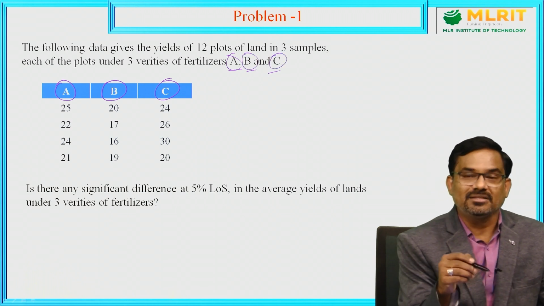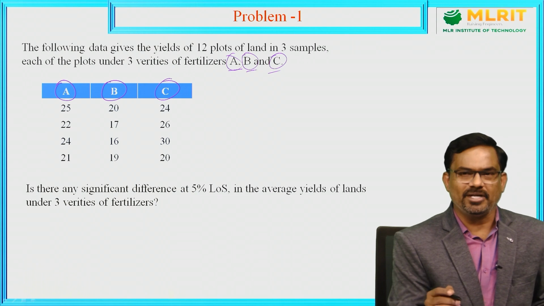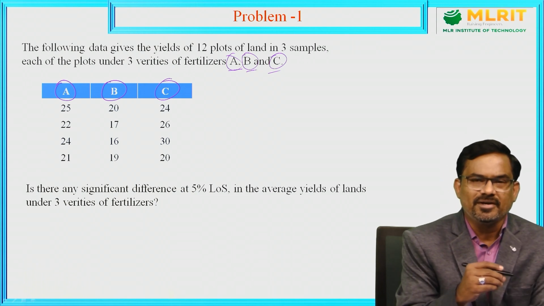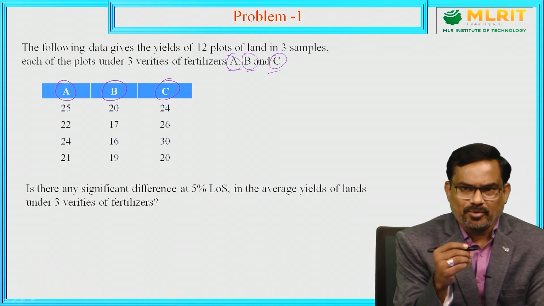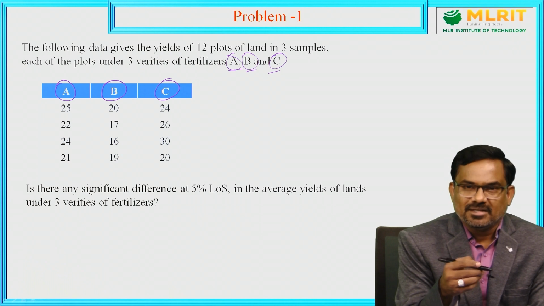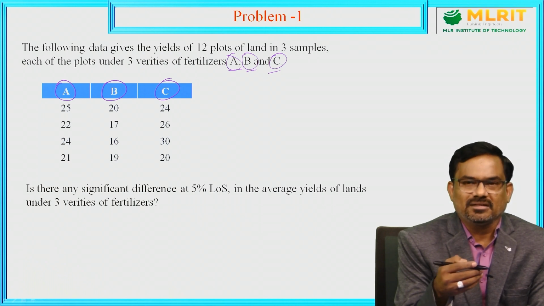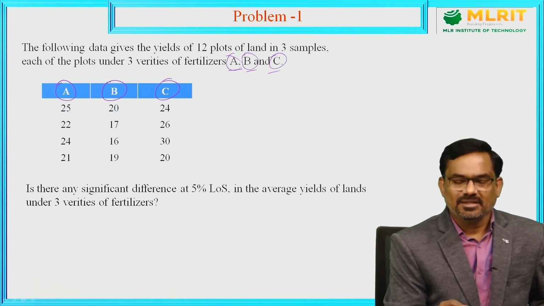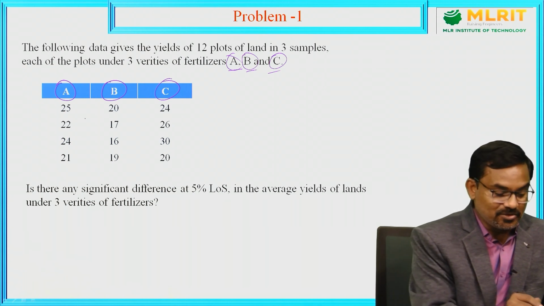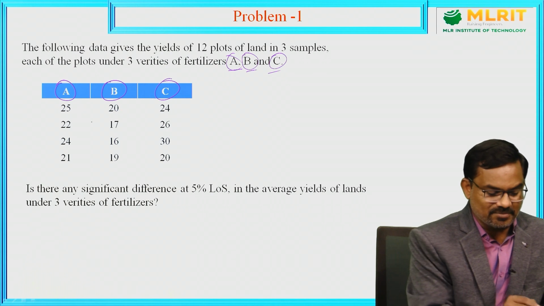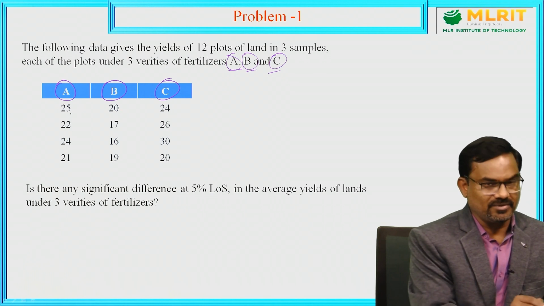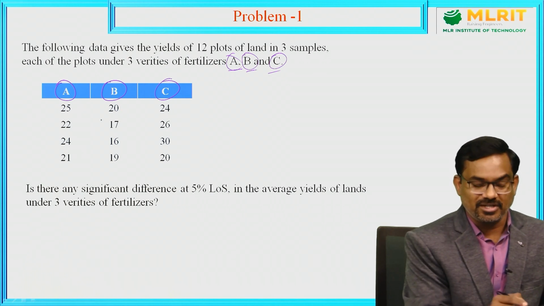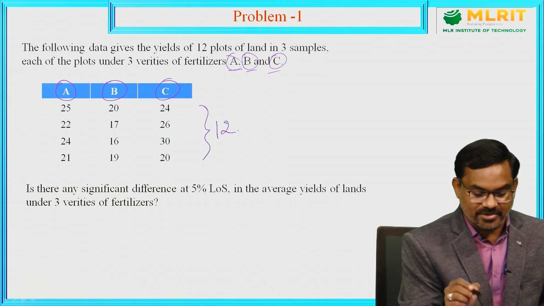So, there are 3 samples, that means 3 populations. So, it comes under the test of hypothesis concerning difference between more than or equal to 3 means. In that case we apply the ANOVA test. Here you can see there are 3 columns and 4 rows for these observations, 4 into 3, 12 total observations.